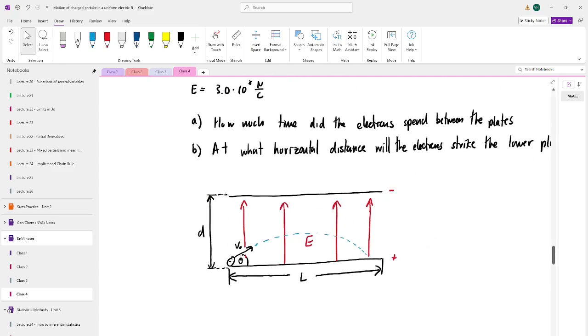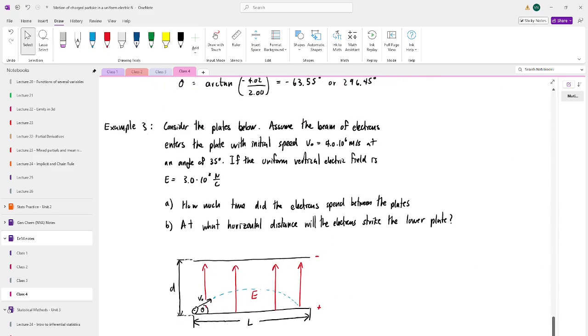Okay. So, for example 3, again, very similar to a mechanics problem, and we can approach it in the same way. For question A, they're asking us how much time did the electrons spend between the plates? To answer that, we can ask ourselves, at what point did it begin traveling through the plates, and at what time did it end its displacement through the plates?